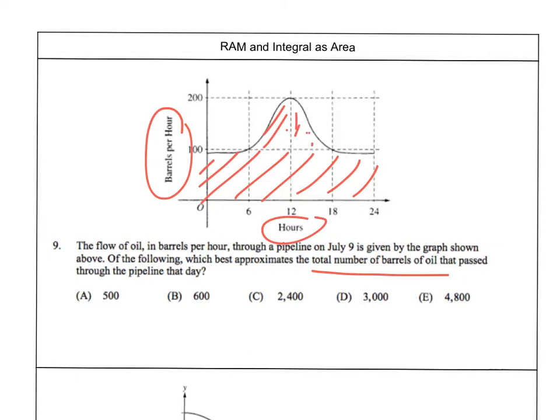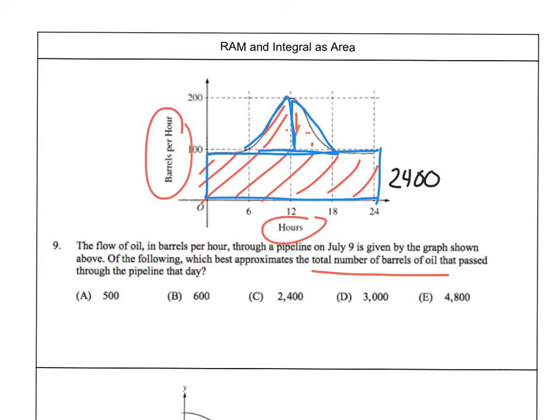And kind of the easiest way to take a look at that might be to divide this into a rectangle and a couple of triangles. This is not quite using some kind of RAM, rectangular approximation method, but this is a way that will definitely work for us. So we've got 24 times 100, that'd be 2400 for this entire thing.